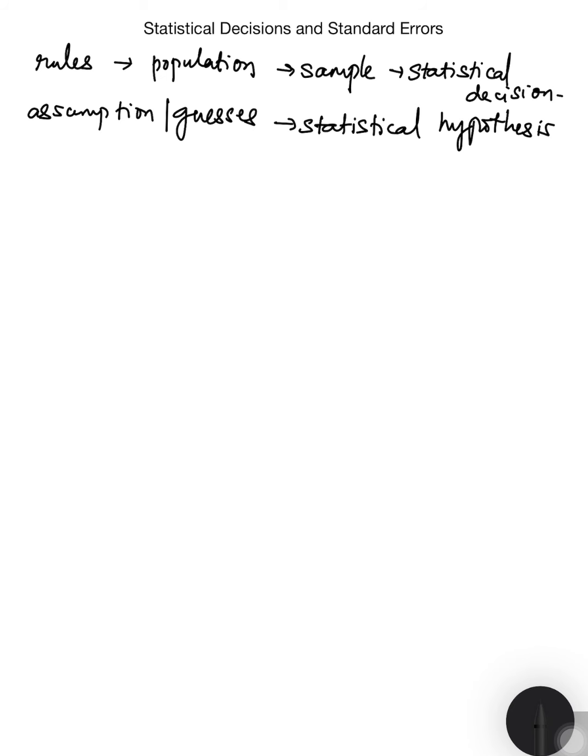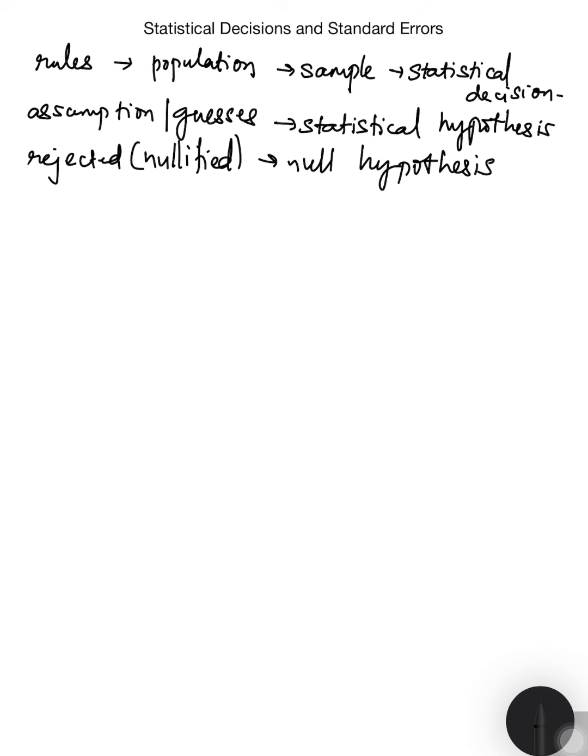In many situations, we form these statistical hypotheses to see whether they can be rejected or nullified, and hence it is called a null hypothesis. A hypothesis which differs from the null hypothesis is called an alternate hypothesis.